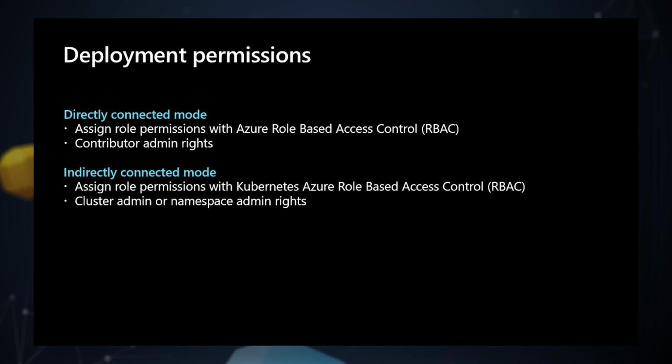One is a direct connectivity mode, where the SQL managed instance and the Kubernetes cluster is connected to Azure so that you can take benefits of all the Azure-based security features for your on-premises or third-party cloud hosted database instances, or indirectly connected mode where your cluster and the SQL managed instance running inside of it is not directly connected to Azure.